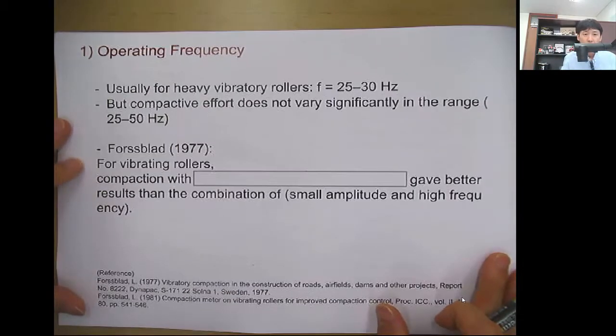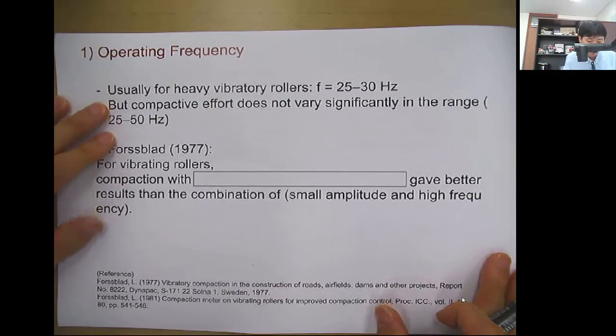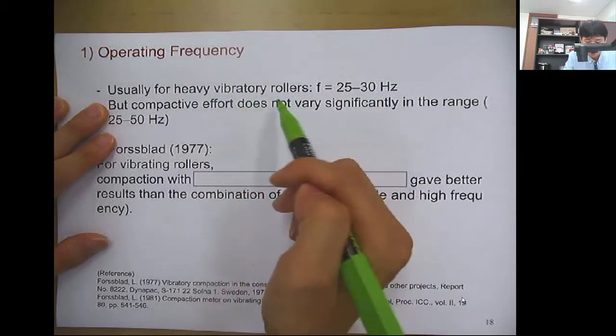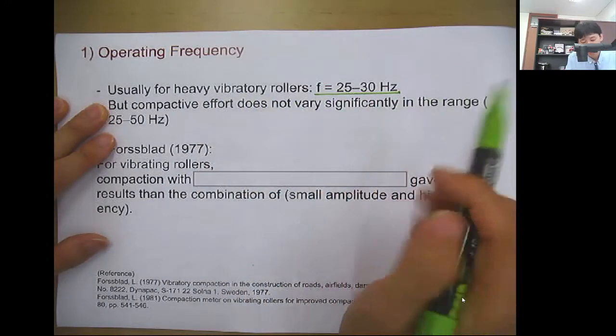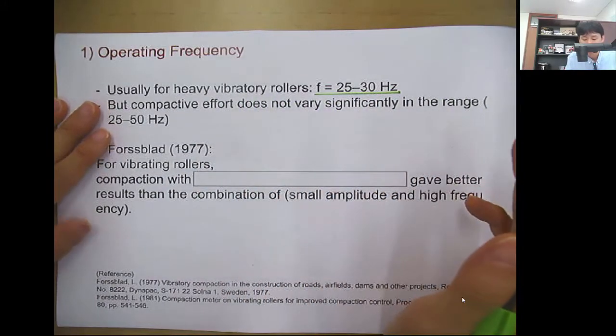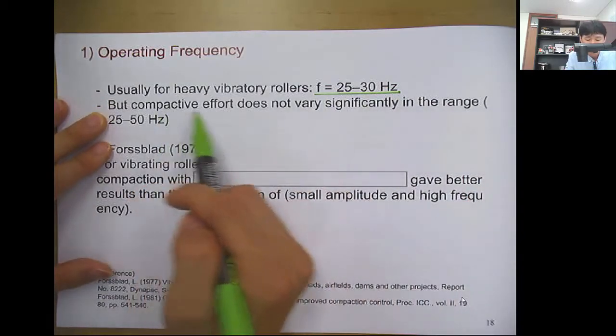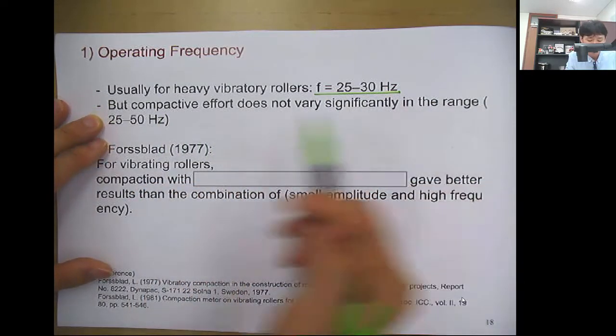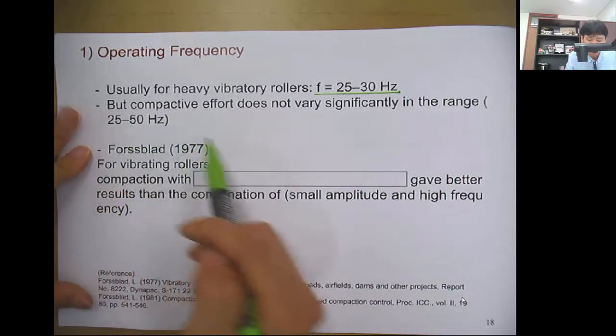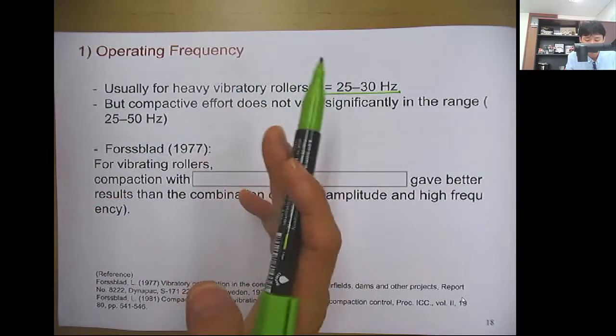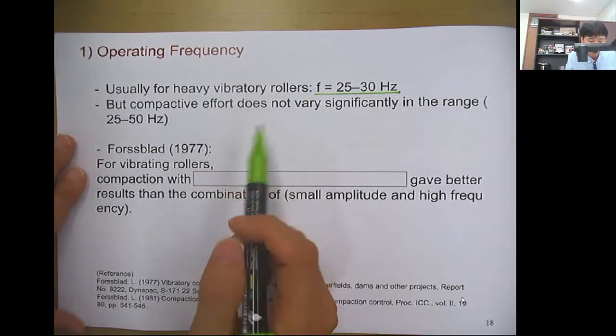So the operating frequency. Normally, for a heavy vibratory roller, the optimum frequency is about 25 to 30 hertz. But the compacting effort does not vary significantly in the range of 25 to 50 hertz. So I think within this range, it's okay to use any frequency.